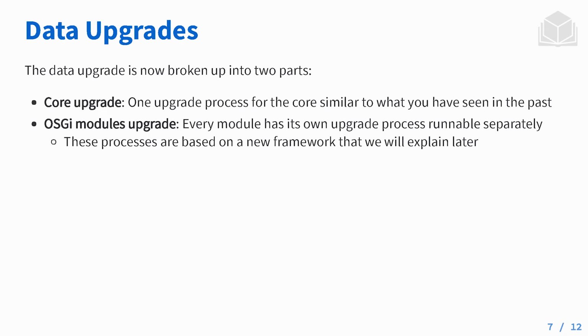Now, I told you about the modularization of the upgrade process. You can upgrade the core by itself. There's one upgrade process for Liferay's core that still contains quite a bit of data, but not everything, by far. And then we have one upgrade process for each individual module. When you just want to do that, upgrading the core is actually very easy.